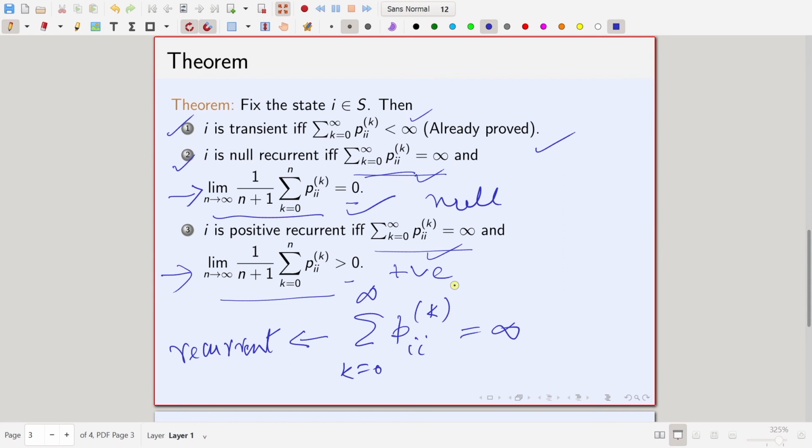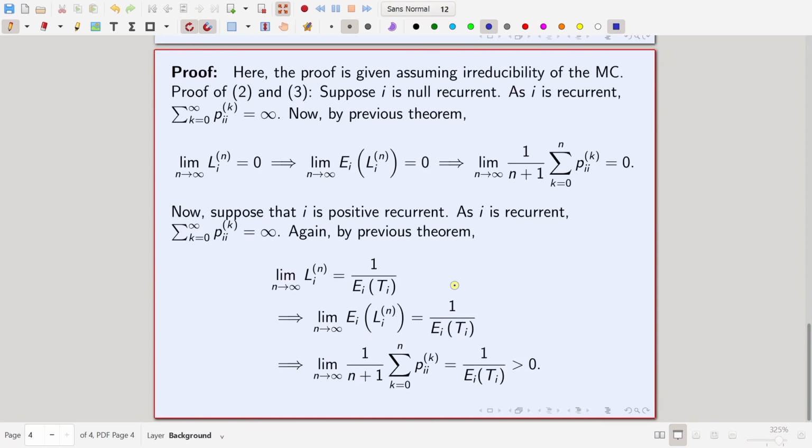For each state, if you do all this checking, then you can say whether it is null recurrent, positive recurrent or transient. If you know that it is irreducible, then you just need to check any particular state, because all these are class properties. But in the proof, we will just assume irreducibility because that makes the proof a little bit simpler, though the result does not need irreducibility.